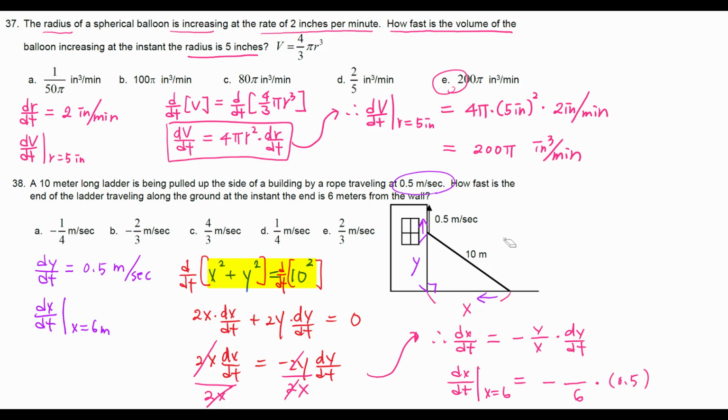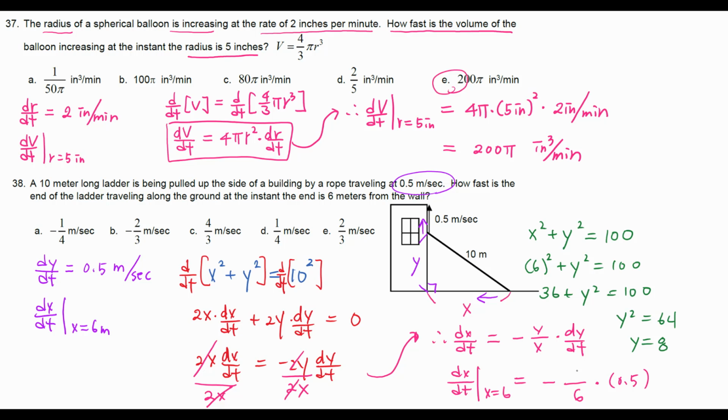x and y are always related to each other by x squared plus y squared equals 10 squared, which is 100. And when x equals 6, you can plug in x equals 6 so that you can find out what y has to be. So that will say 36 plus y squared equals 100, and y squared is then equal to 64. So y is equal to 8 since it has to be positive.